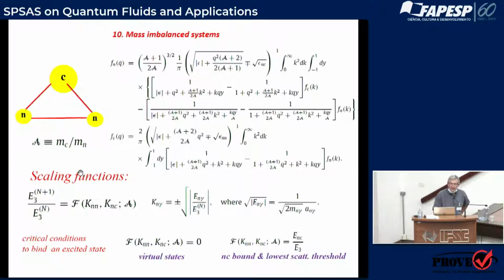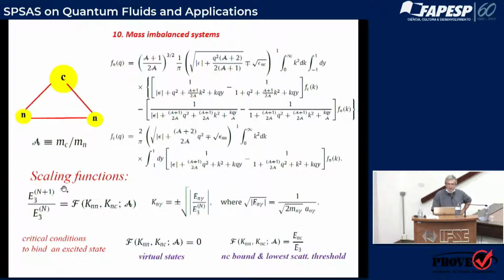Okay, and the scaling functions, you can also construct, if you like. And then one particular one that we look at is the critical condition to bind an excited state. So what that means is that I have a three-body bound state of this kind of molecule or halonucleus, whatever, and then I ask for the conditions to have an excited state.